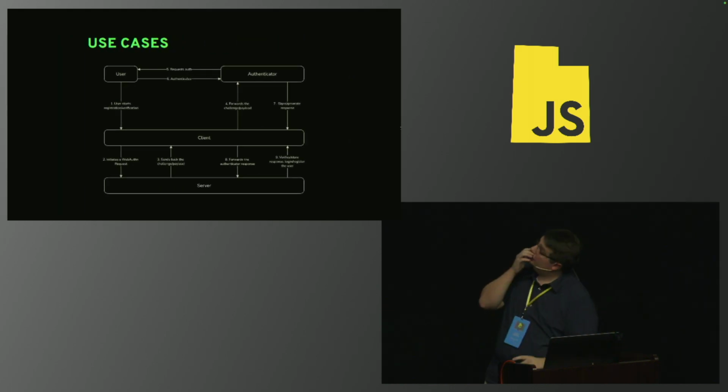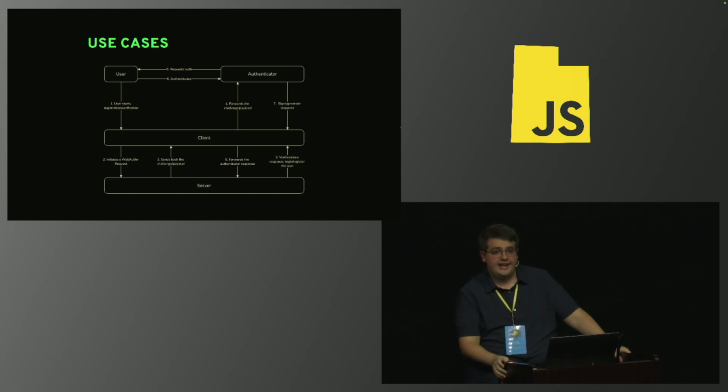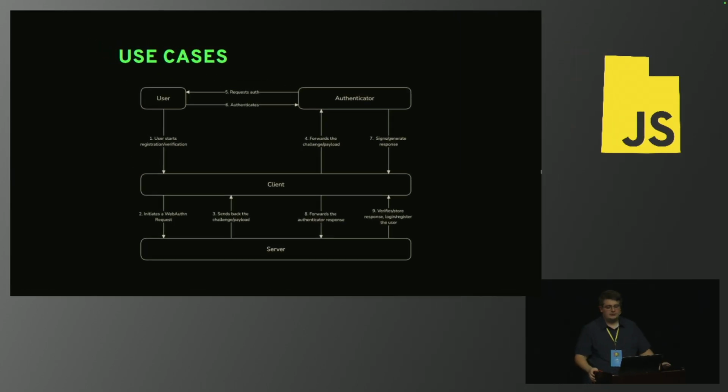So now we can go a little bit more into depth. These are the different parties involved in the use cases. We have four: a user, the client, and the server, which we were talking about as the relying party, and then the authenticator. It's a data flow, really.